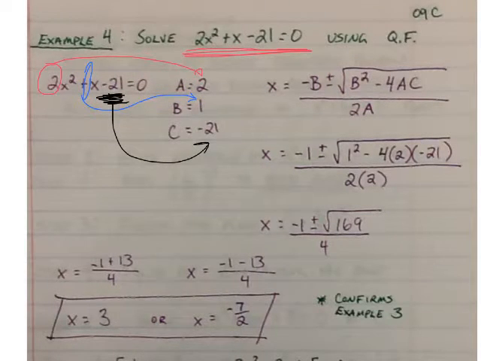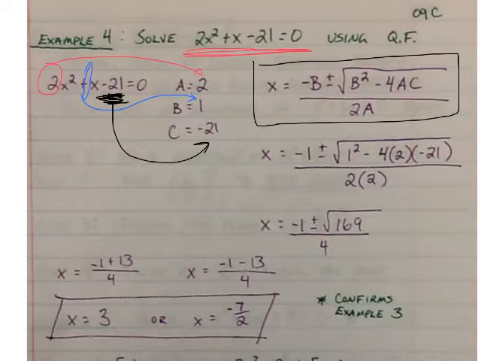So we take those and we plug it into our quadratic formula. So our b becomes a 1. So what we have is negative 1 plus or minus the square root of b squared minus 4ac all over 2a.